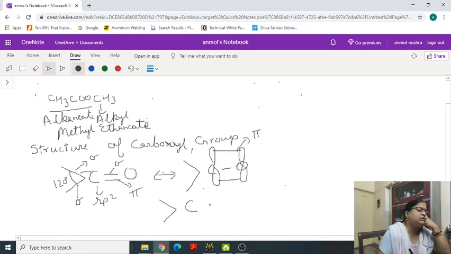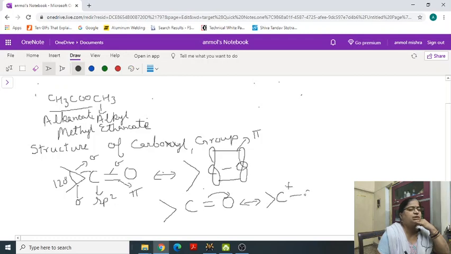In this structure we can see that oxygen is more electronegative. It attracts this bond and it forms C plus and O minus.